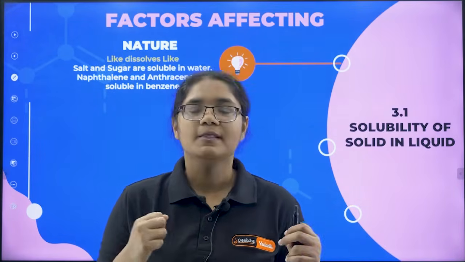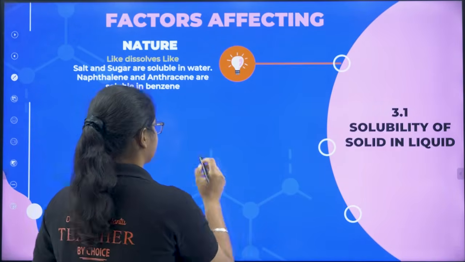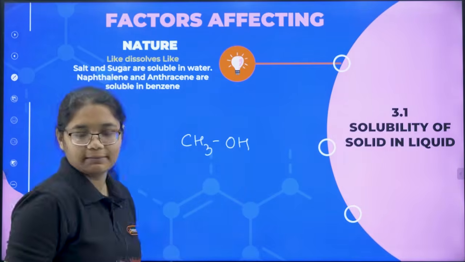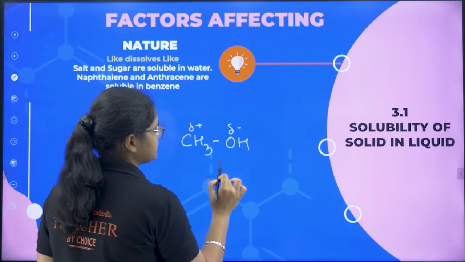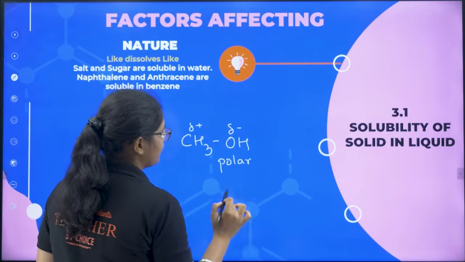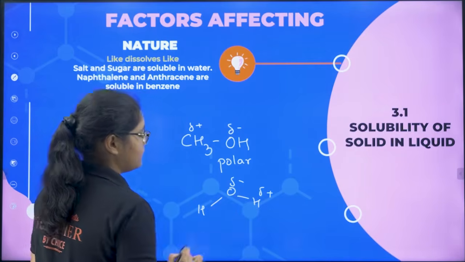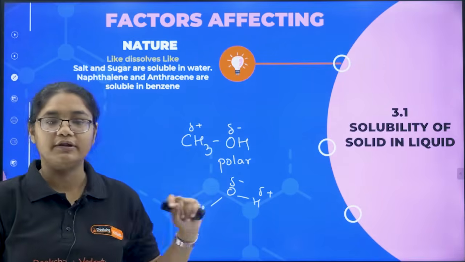For example, you can take ethanol. What's the ethanol structure? Or methanol. Let me take methanol. Here this one, delta minus, delta plus, so there is a charge difference, so it is polar. And water, if you see, right, water is also polar, this is also polar, so ethanol will dissolve in water.